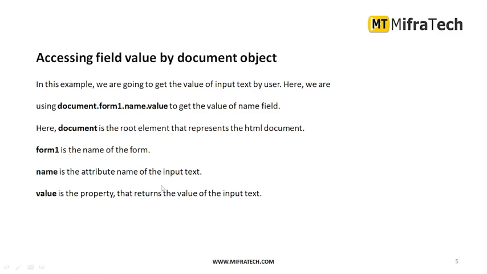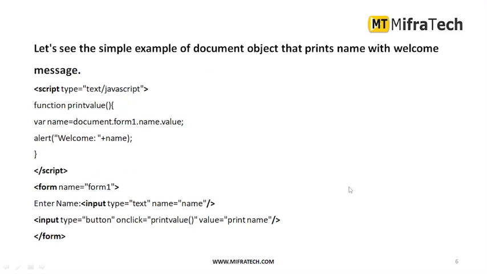Form1 is the name of the form, name is the name attribute of the input text, and value is the property that returns the value of the input text. Here you can see the example which prints the name with a welcome message.